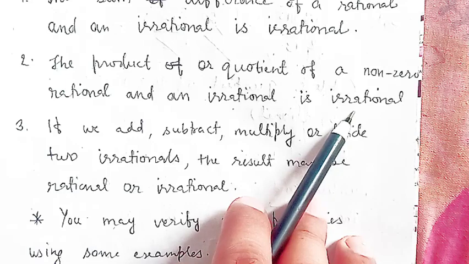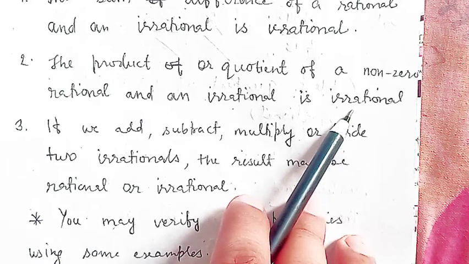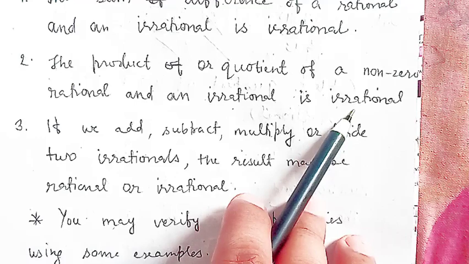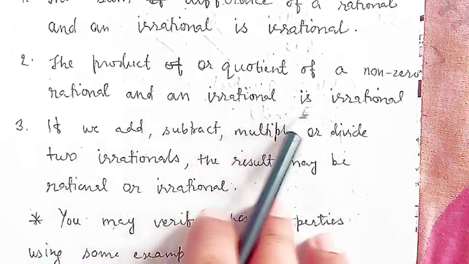If we divide root 5 by 2, we get an irrational number, because root 5 has a non-terminating, non-repeating decimal, and dividing this by 2 we get a non-terminating, non-repeating decimal. So the product or quotient of a non-zero rational and an irrational is irrational.